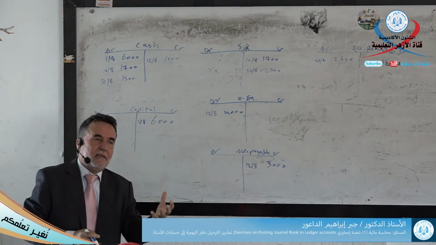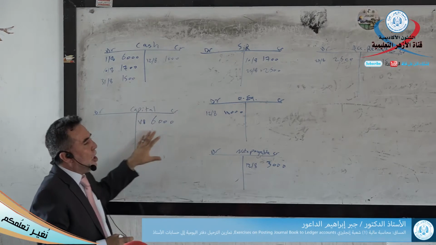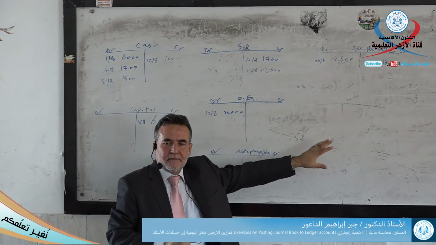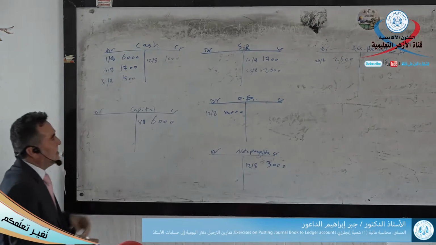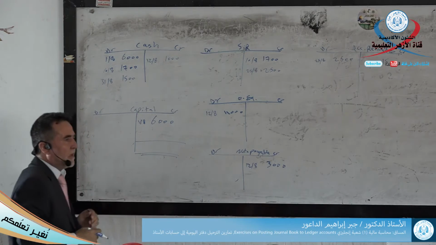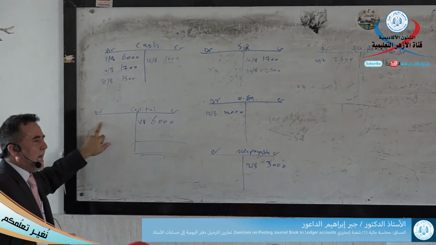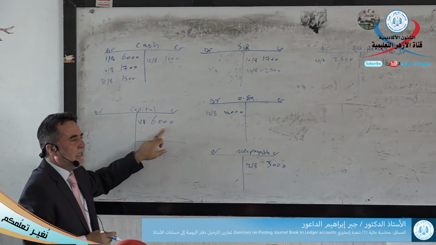To prepare trial balance, I should first balance all these accounts. To balance the accounts, debit side, credit side. Debit side 0, credit side 6,000.